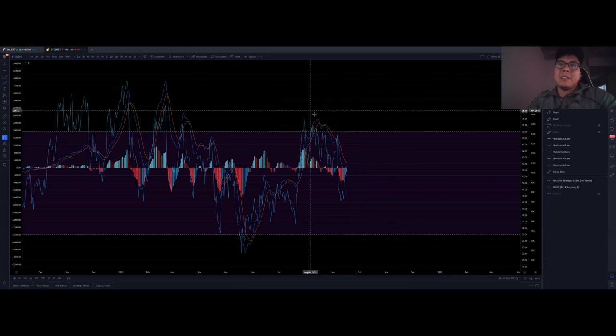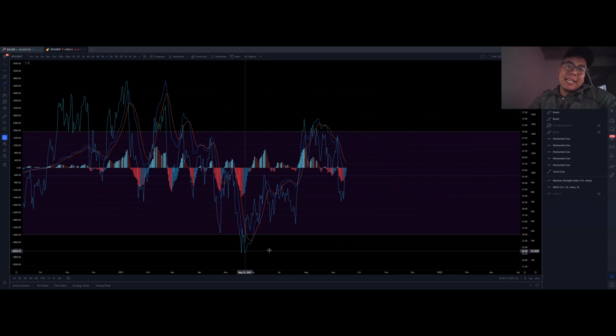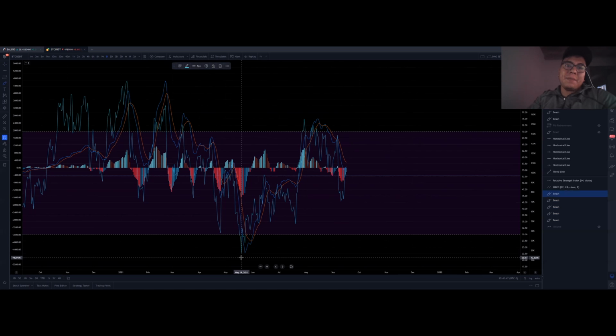Relative strength index. These bars kind of tell you where you are in the buying process. So anything under 40 is oversold. Anything below 30 is oversold. So you want to pick up always at these areas, because from here, this is where you have the most gains. Look at this, May 19th.